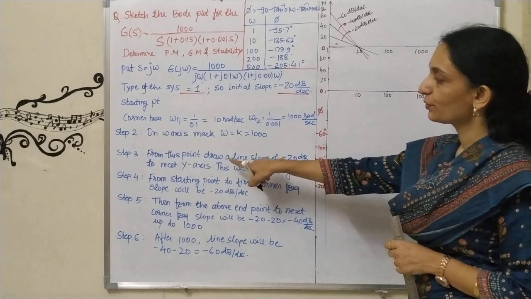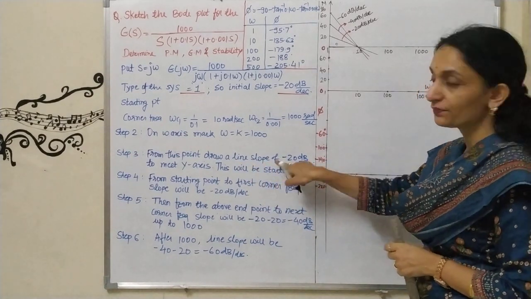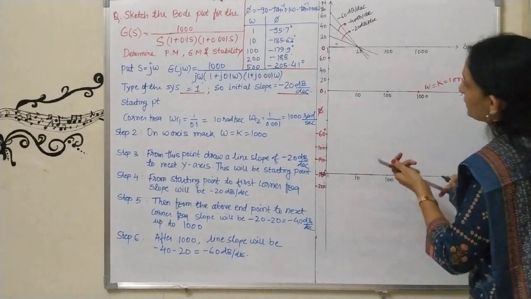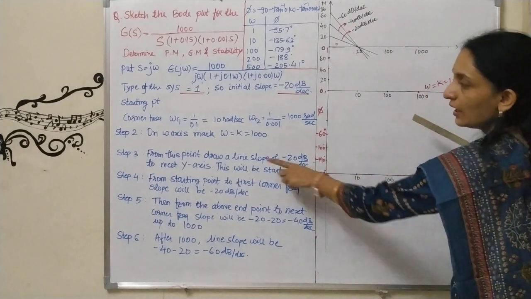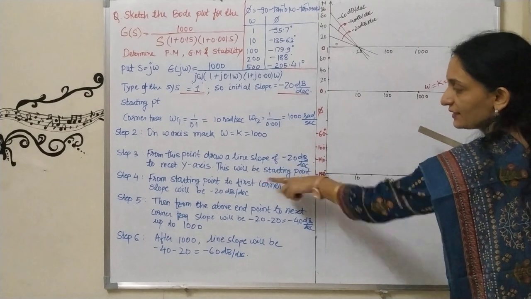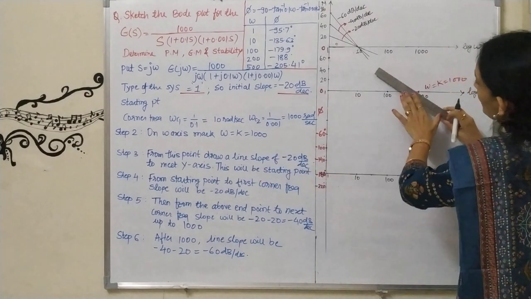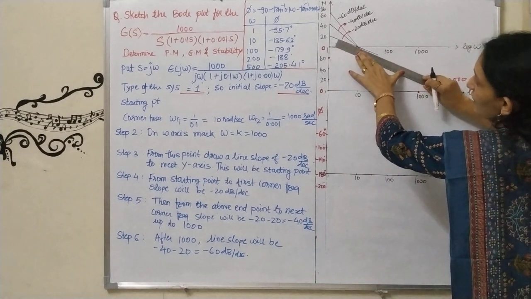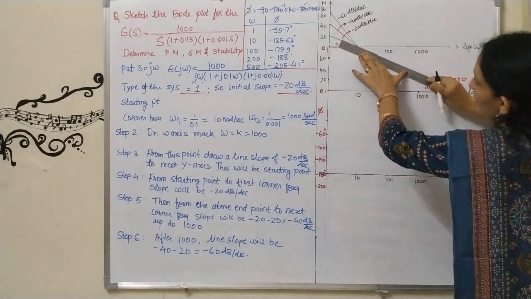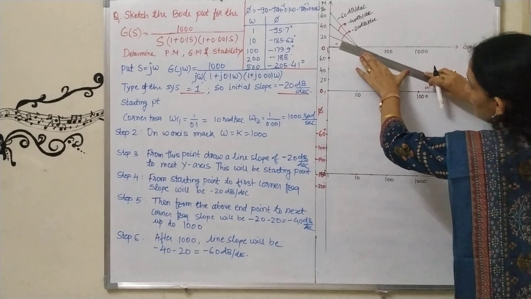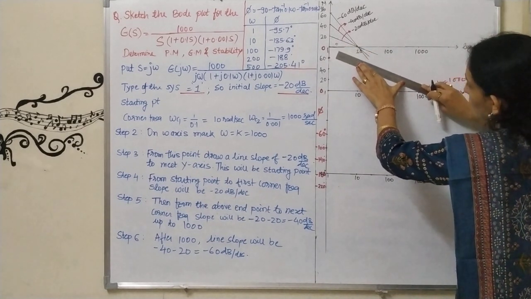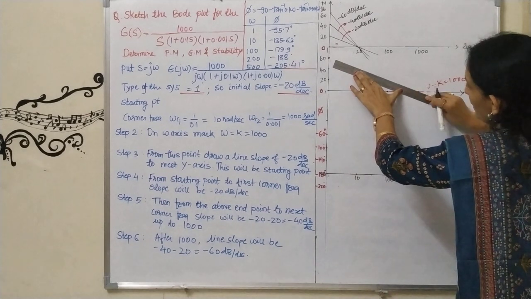First step, from this point draw a line of slope minus 20 dB per decade, to meet the y-axis, and this will be your starting point. From 1000, this line gives me the slope of minus 20 dB per decade. I am drawing a parallel line.